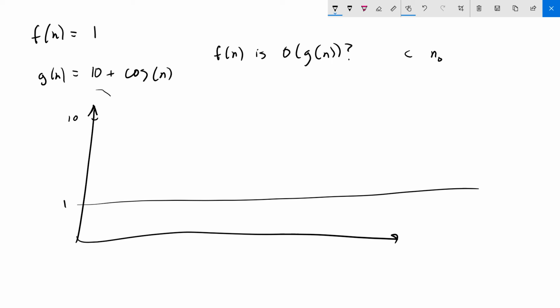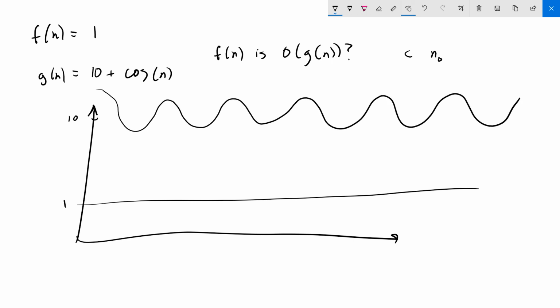So it would look like something like that. Okay? It's obvious that f of n is O of g of n because 1 is always below that curve. So you can pick any n naught, any c, well, you can say n naught equals 0, c equals 1. And we're good.